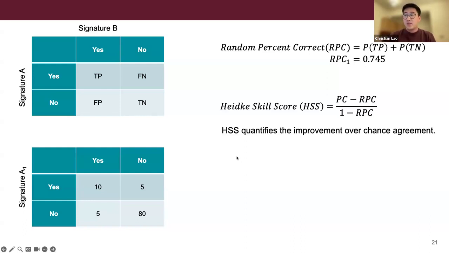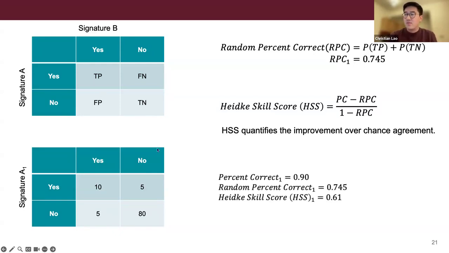In plain English, the Heidke skill score quantifies the improvement over any chance agreement. I should say it goes from -1 to 1. Scoring -1 is when you get all the elements in the false positive or false negative classes, or when you're perfectly obtaining the wrong class. So you actually just need to flip your forecast to get a perfect score. Scoring 0 is equivalent to a random level of agreement and 1 a perfect agreement.